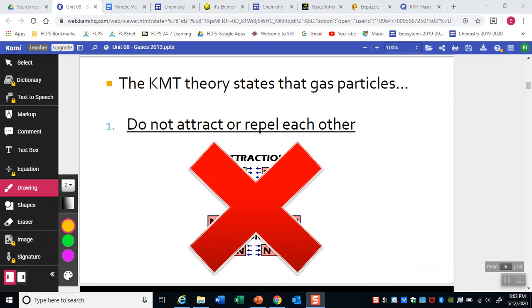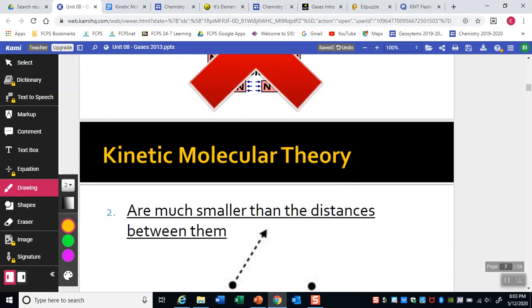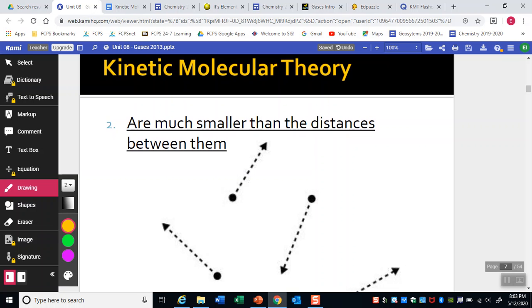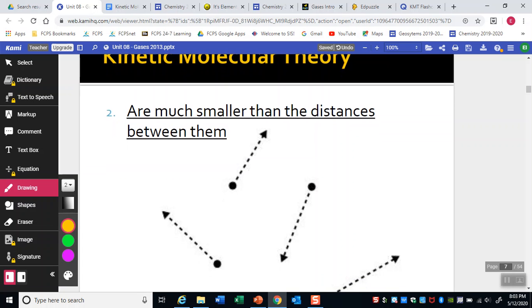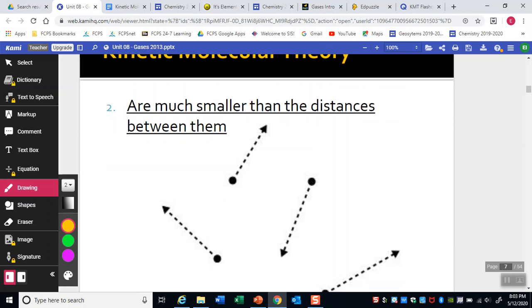And I have to apologize, this was a PowerPoint, so the graphics are off. But basically, it's just showing that they do not attract or repel each other. Also, the particles are much smaller than the distances between them.